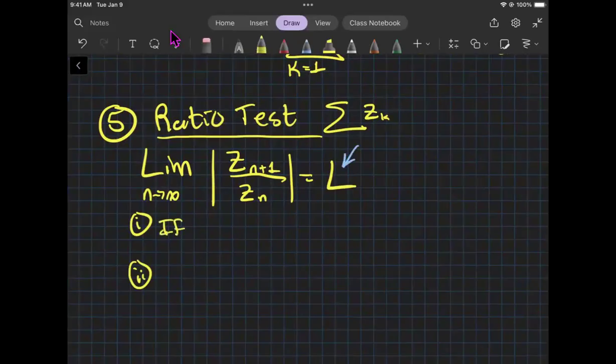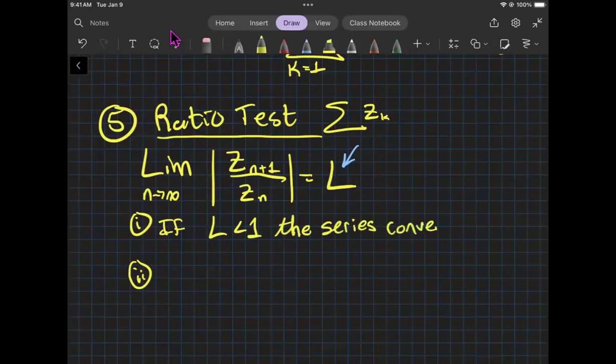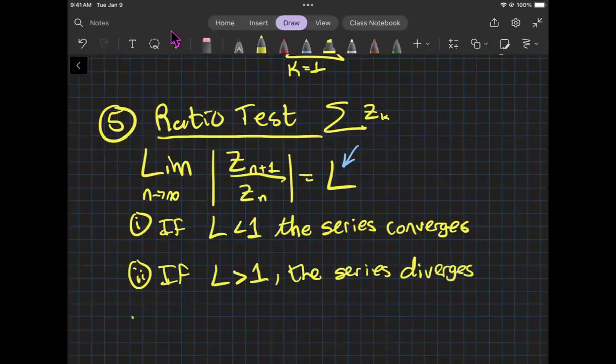So if this L value is less than 1, the series converges absolutely. If L is bigger than 1, the series diverges. And if L equals 1, the test is inconclusive.